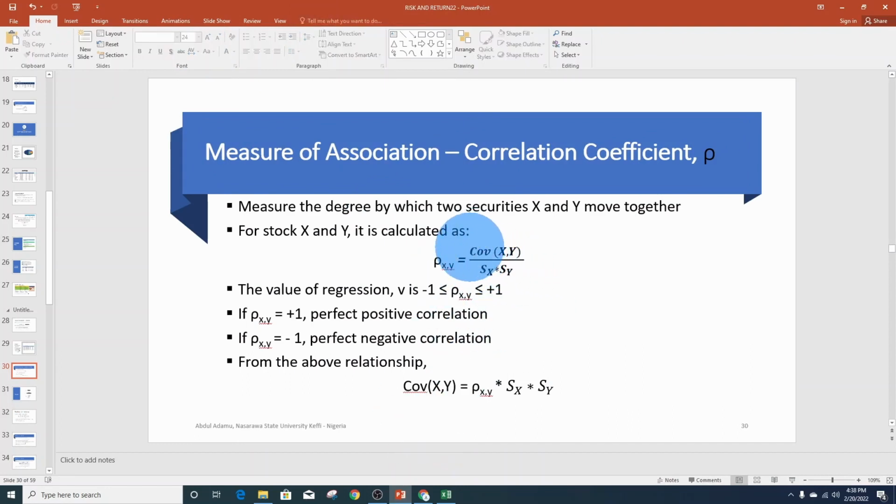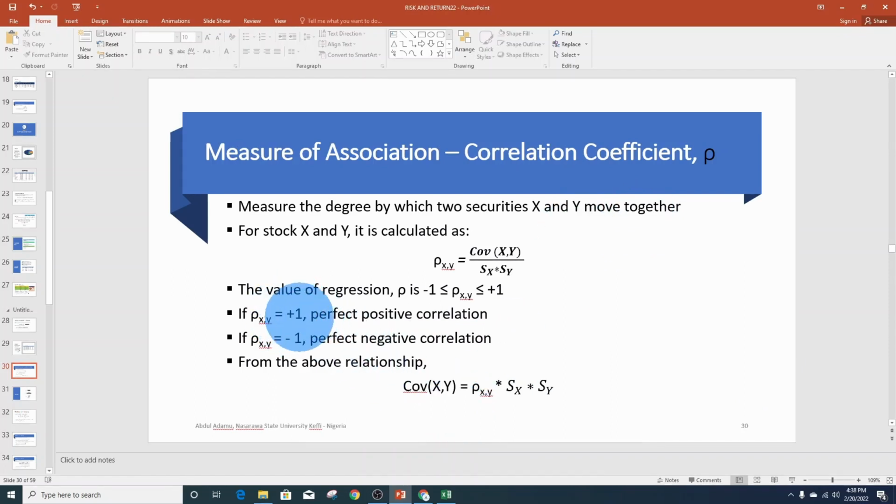So the value of our covariance divided by the standard deviation of X times the standard deviation of Y. The value of correlation normally lies between -1 and +1. If it is -1, it is perfect negative correlation, meaning as X increases 100%, Y decreases 100%.